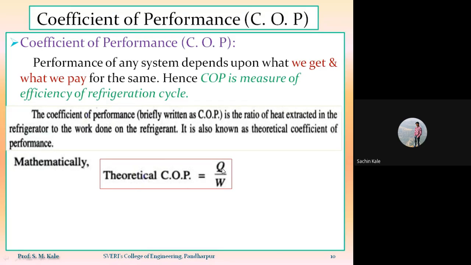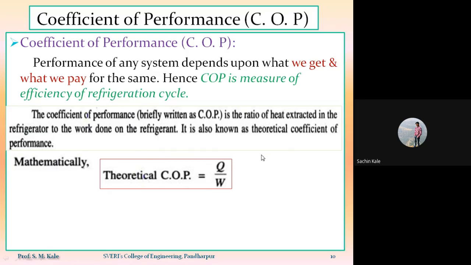So afterwards, whenever the word refrigerating effect comes, you have to consider that refrigerating effect is nothing but the amount of heat extracted, or the amount of heat absorbed from the body or from the space which we want to cool. And always that refrigerating effect or Q will be expressed in terms of kilowatt.